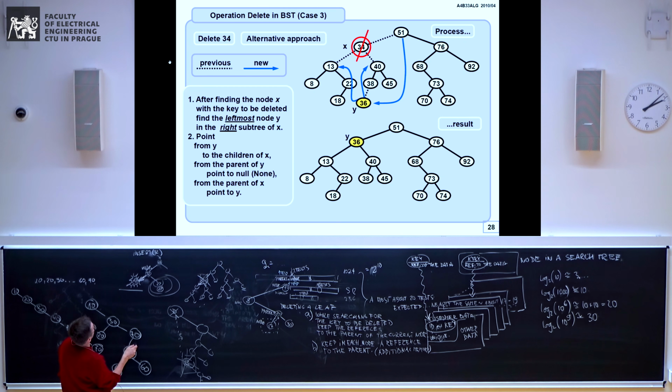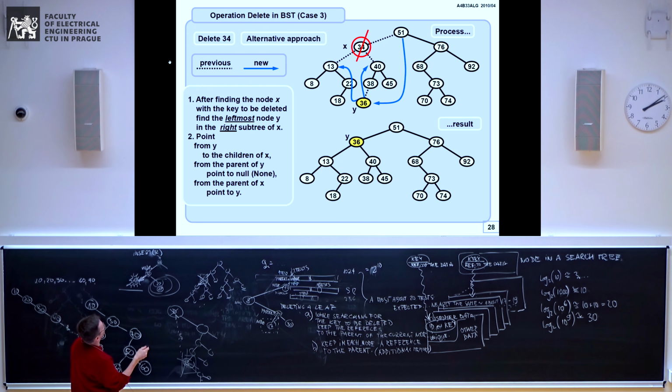So what? After finding the node X with the key to be deleted, find the leftmost node in the right subtree of X. That is this one, Y. Then point from Y to the children of X. So far it had no children. Now this blue line says, okay, now 36 adopts new children. From the parent of Y point to null, so 38 loses the whole node 36 as its own child.